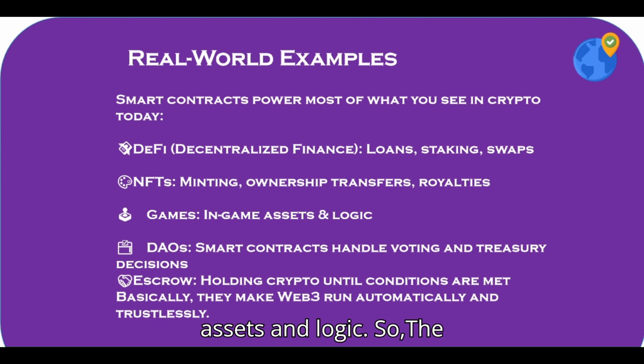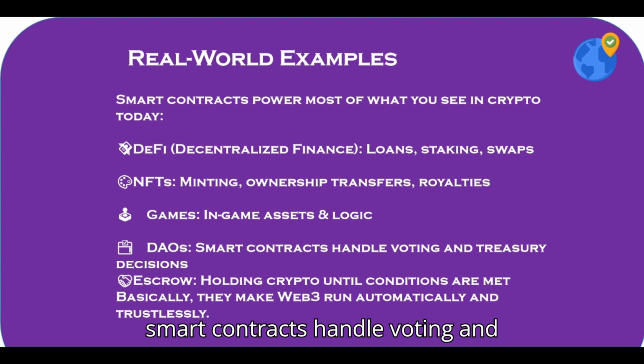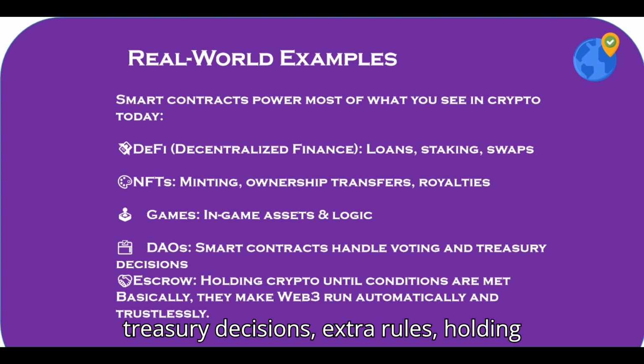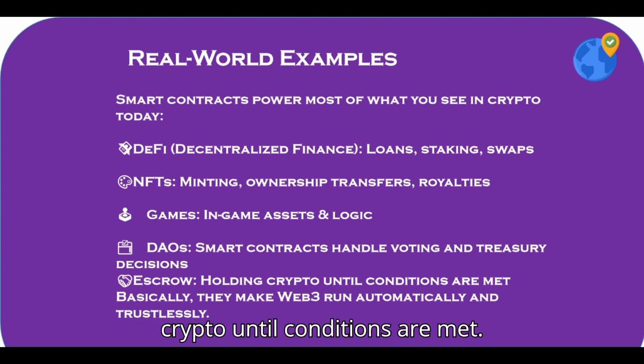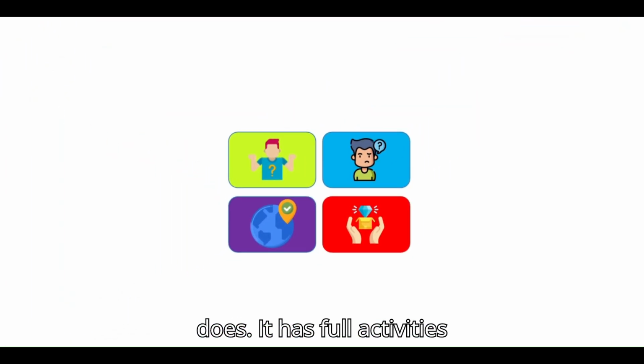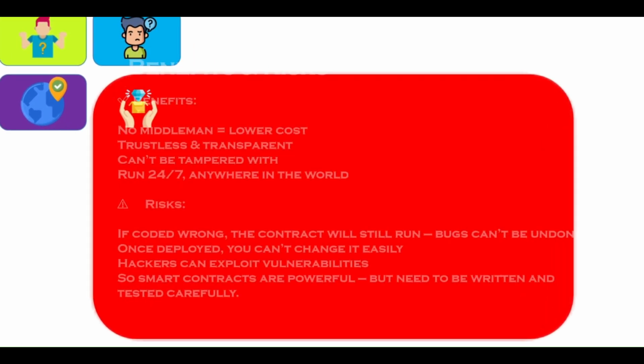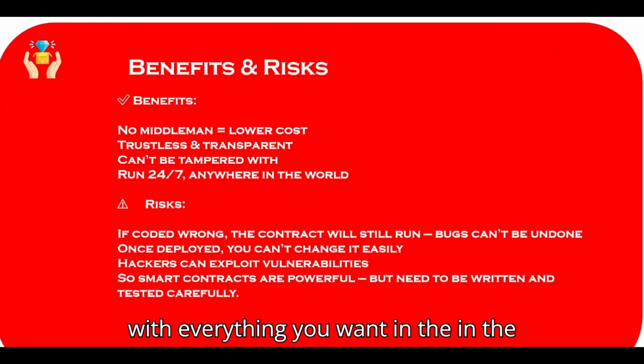Smart contracts also handle voting and treasury decisions, and escrows, holding crypto until conditions are met. Basically, they make Web3 run automatically and trustlessly. So that is what a smart contract does. It handles everything you want on the blockchain.